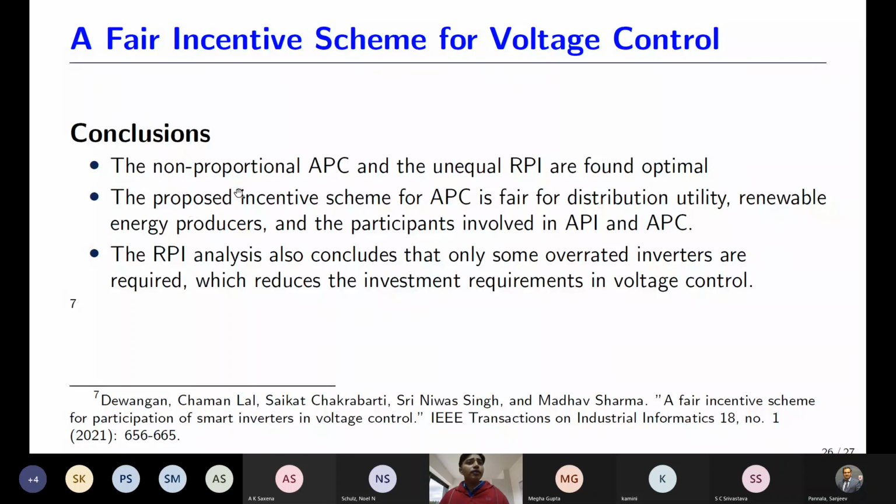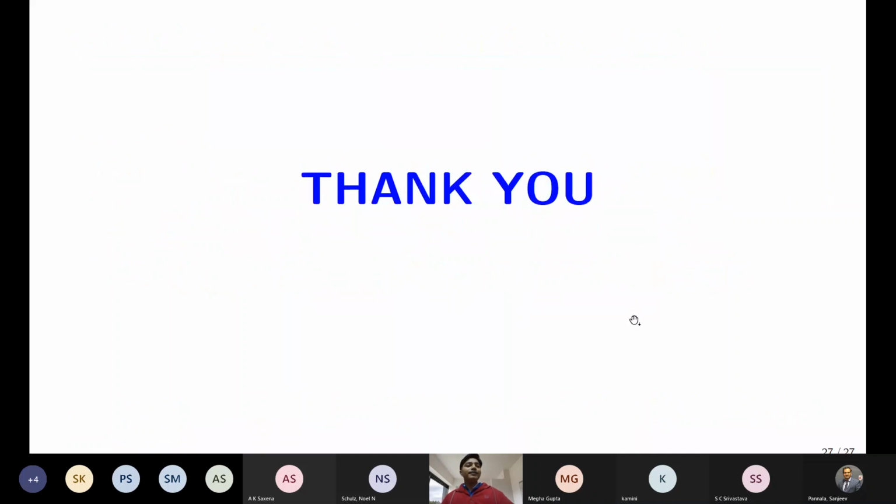And I propose the APC incentive scheme, which is fair for the distribution utility, the renewable energy producer, and participants of reactive power injection and active power curtailment. And when we have fewer overrated inverters, it also reduces the investment required for overrated inverters. So these are the benefits. Thank you.